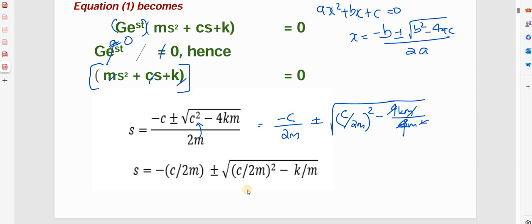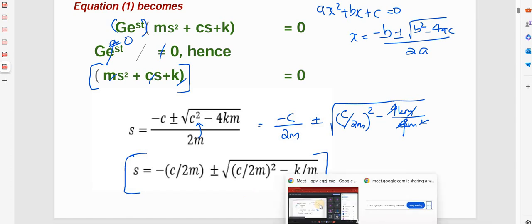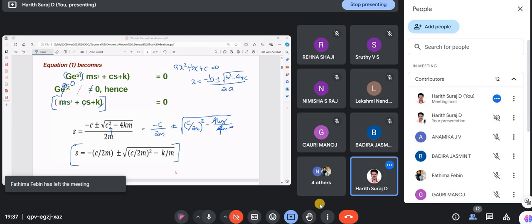So that is written here. This is the generalized solution of a damped free vibration system. So that is what we have obtained now.